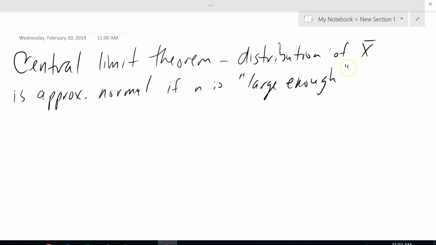Usually by large enough, of course, we mean greater than 30, which if you've noticed in your t-tables, that's as high as it goes, right? And it goes to infinity past that.